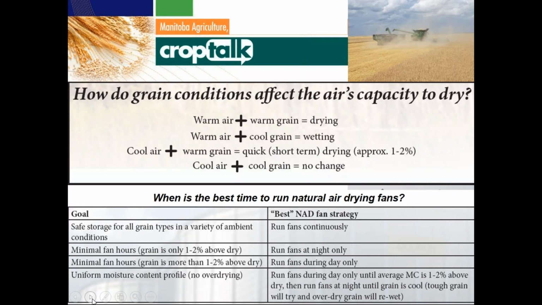If you have cool air and cool grain, you're going to see no change. So as we get later in the fall here, the grain temperature isn't going to be as warm, the air temperature is going to be colder, so basically what you're doing is just keeping things.